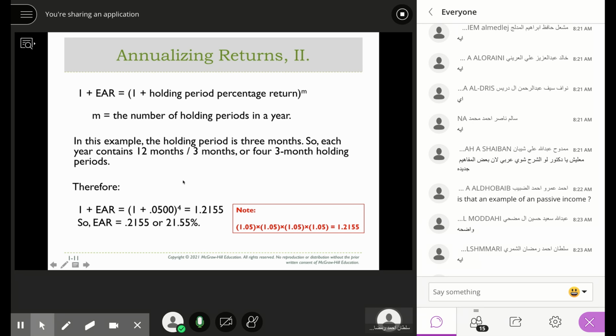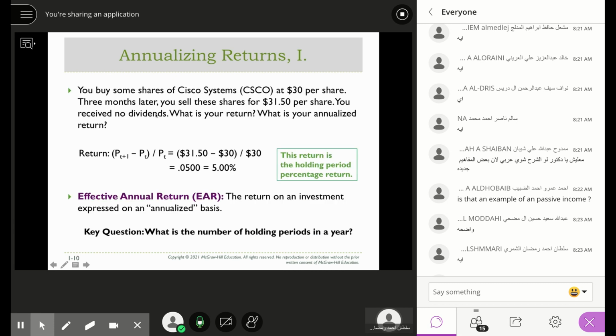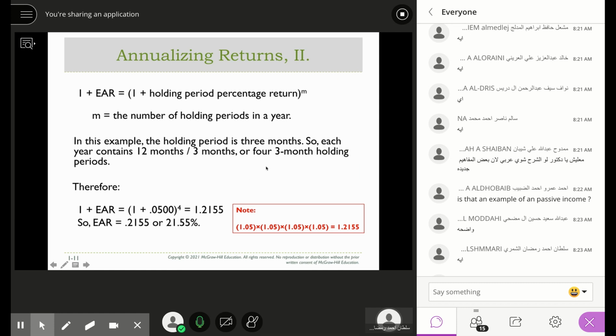So in this example, the holding period is 3 months. So how many 3 months in 1 year? We just divide the number of months in a year, which is 12 months, by the holding period.